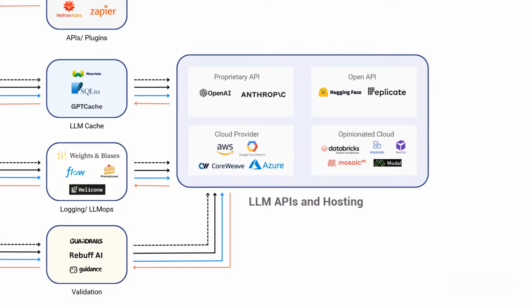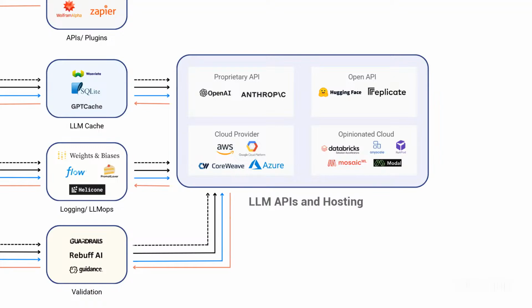A large language model can be hosted somewhere. It can be closed source or it can be open source. Open source, notably Llama and Mistral and DeepSeek and other models.